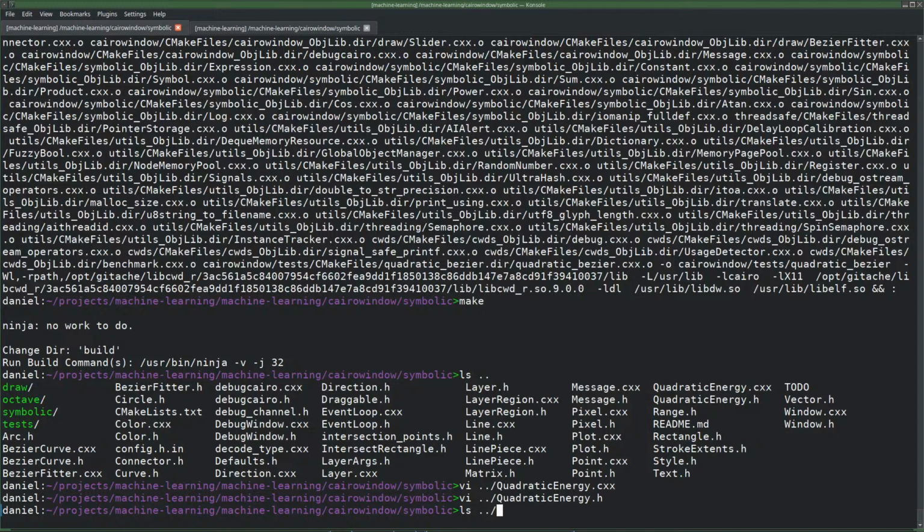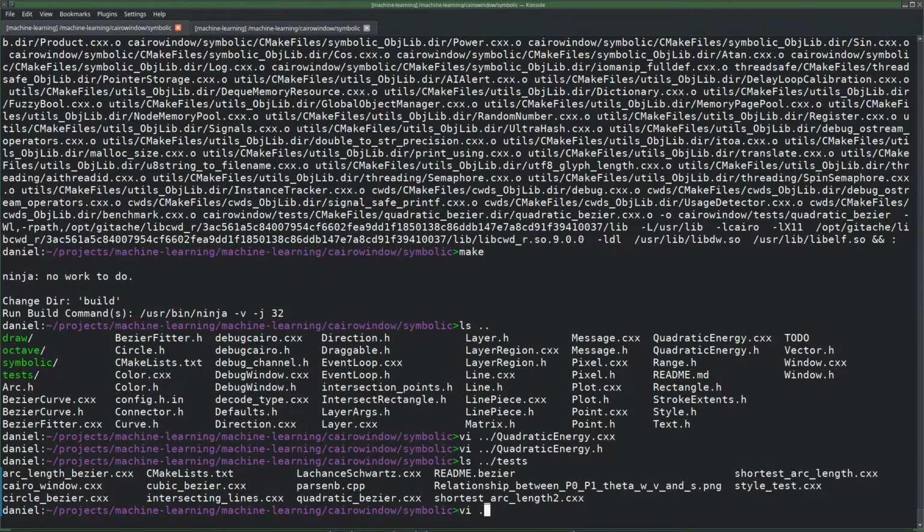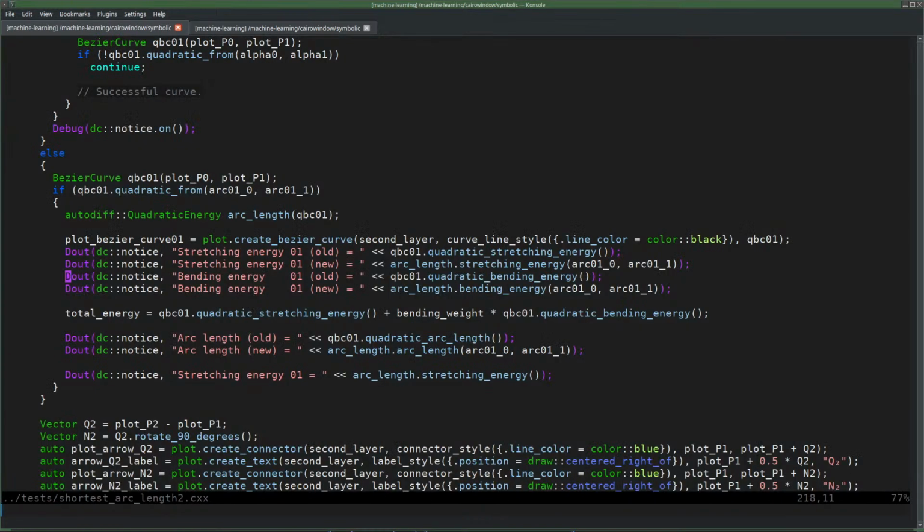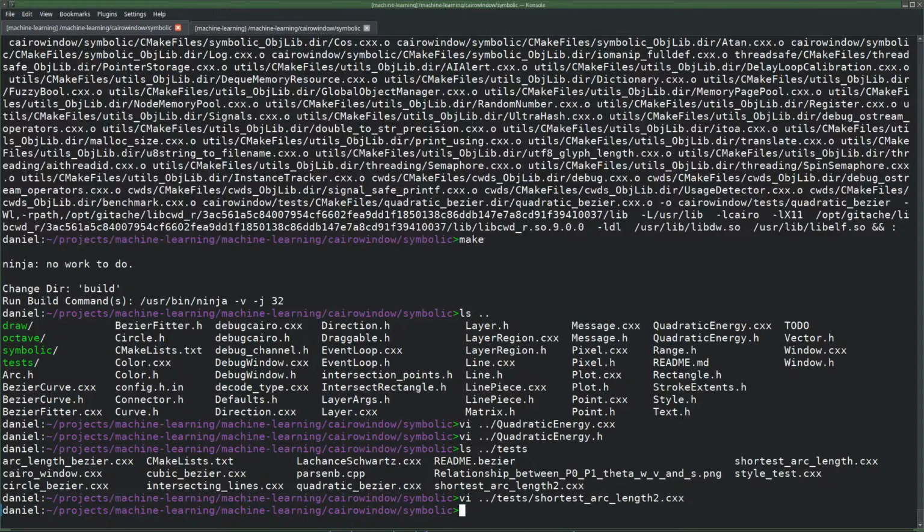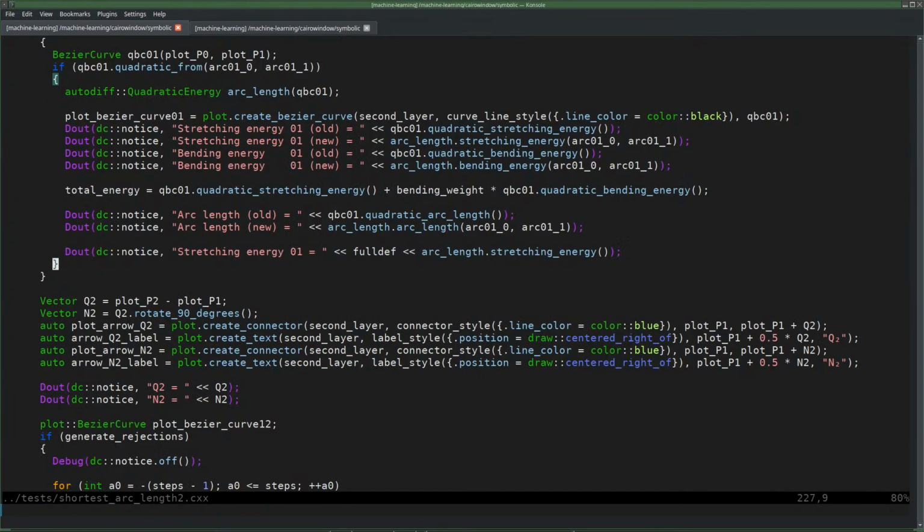It's actually in tests. So I want to get the full definition of the stretching energy, and that I should get by writing here full def. That's the IO manipulator. Probably have to include that file though.